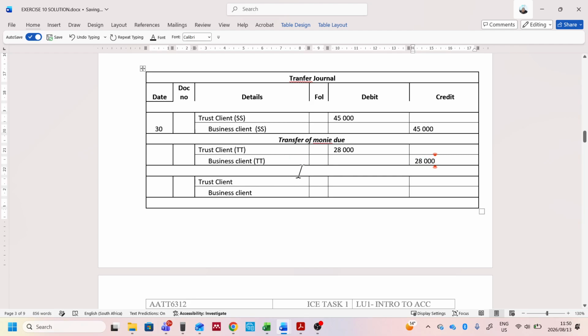The narration is the same. And then the last client we transfer money from is Romeo Ronaldo. The total money 40,000.